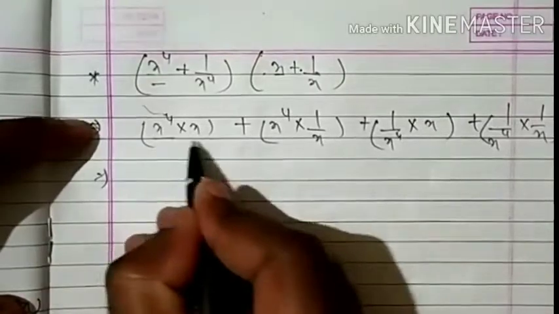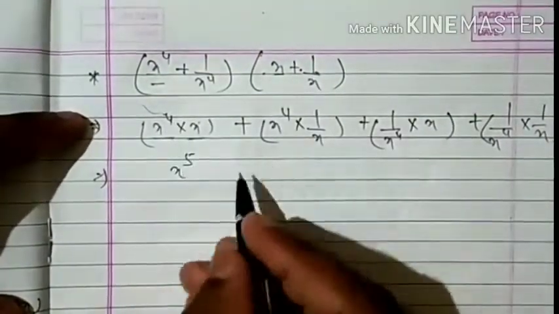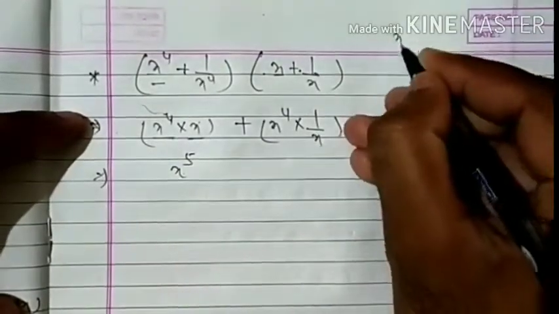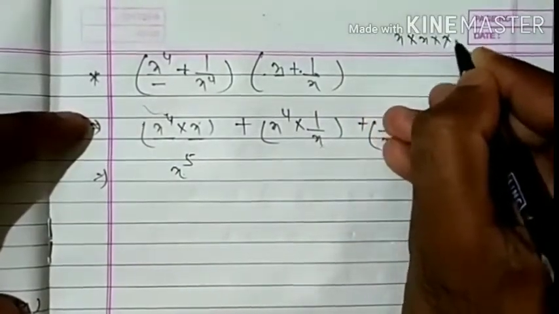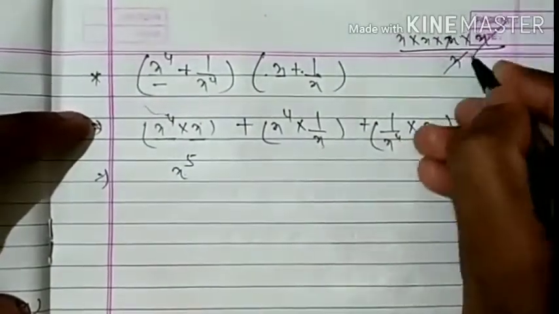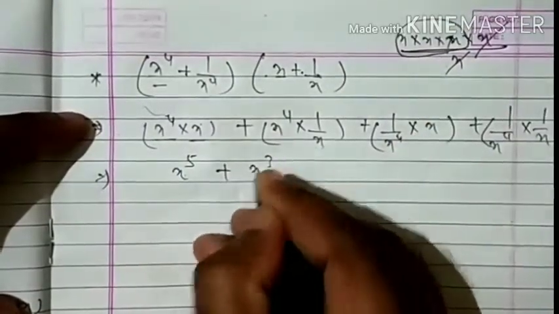So x to the power 4 multiplied to x is x to the power 5. 4 plus 1, 5. Here we have 4x and here we have 1x, so x to the power 4 into x divided by x. So one x will cut. What do we get? x cube. So plus x cube.